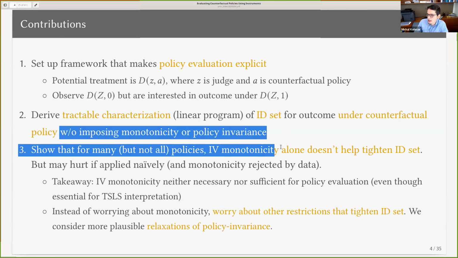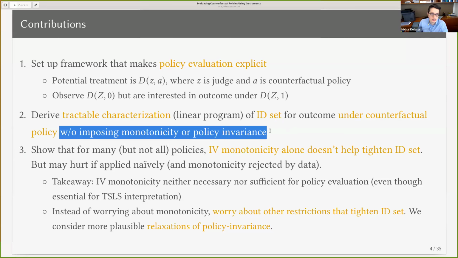And then we're going to ask, okay, I have this linear programming characterization of the identified set. In the baseline, I don't need any monotonicity or policy invariance assumptions. Without imposing any extra assumptions, only using the quasi-experimental variation of the judges, this identified set may be pretty large. So that raises the question of whether we can impose some extra assumptions that may help tighten the identified set. And so we're going to ask, what types of assumptions are going to be useful?